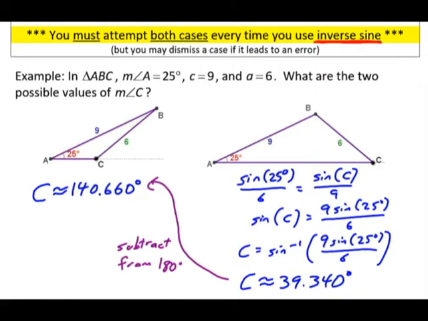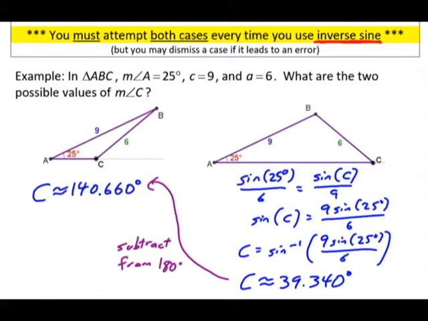So here are the two possibilities for angle C. The acute case, given to us by inverse sine, and the obtuse case, given to us by subtracting from 180. In a full problem, we'll have to solve both of these possible triangles. Each has a separate value for angle B. Each has a separate value for side B.